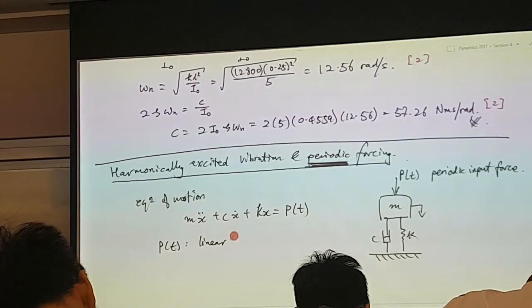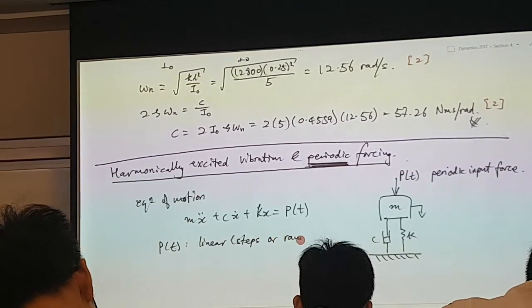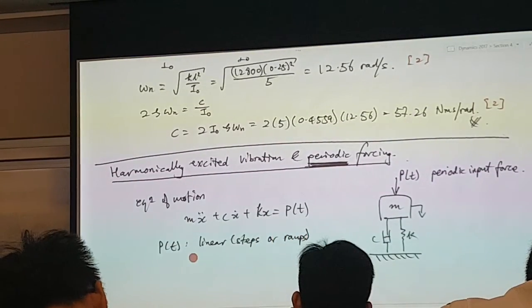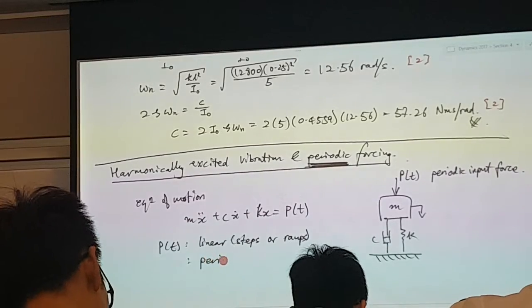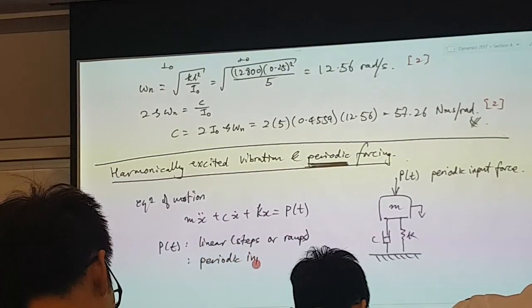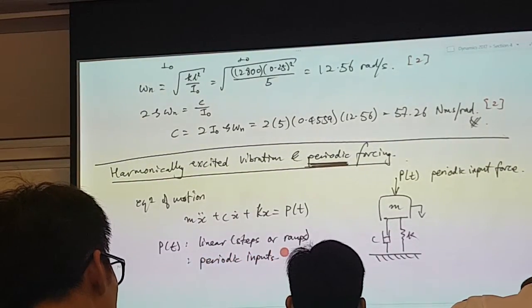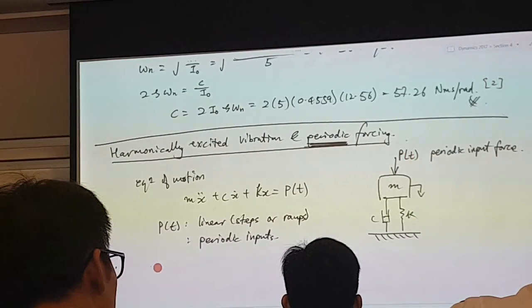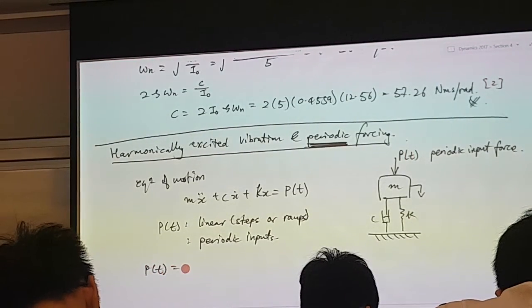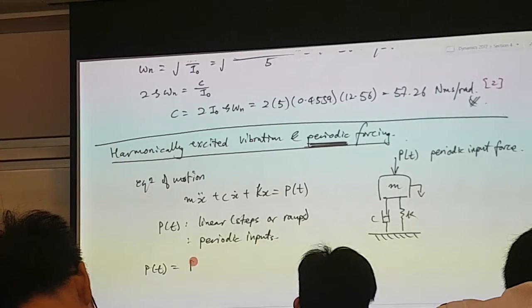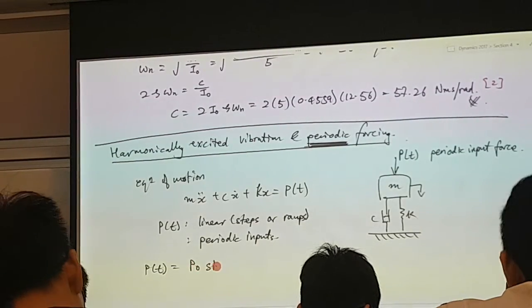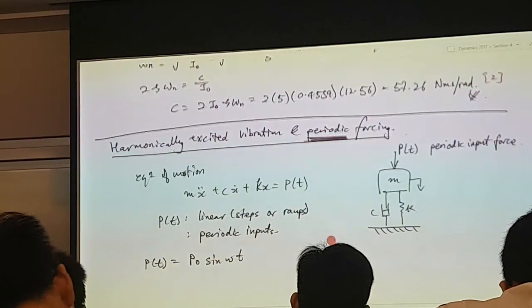If it's linear, then you go back to Ft. So it can be step or ramp, but more importantly, this is periodic. So this Pt here actually has an equation. This Pt has an equation that's P naught sine omega t.